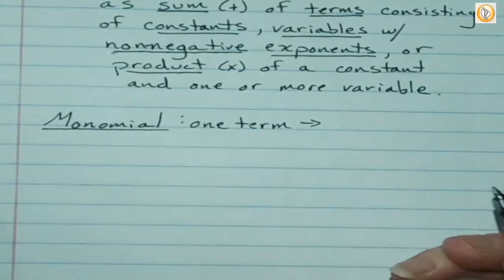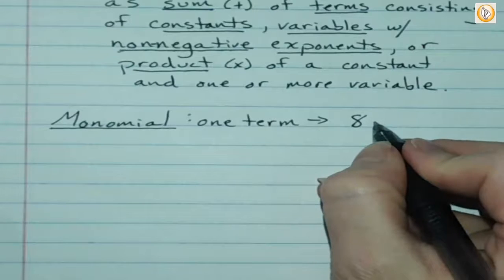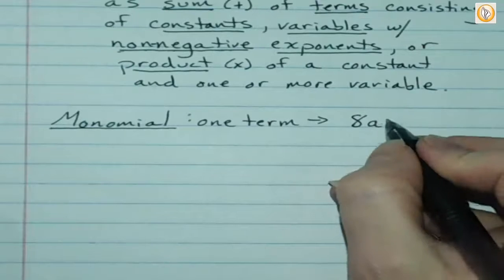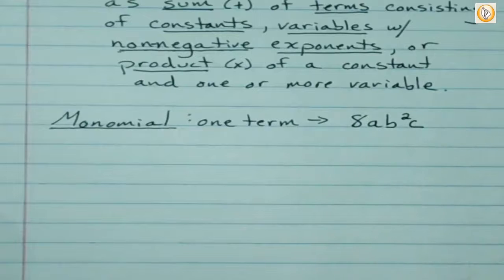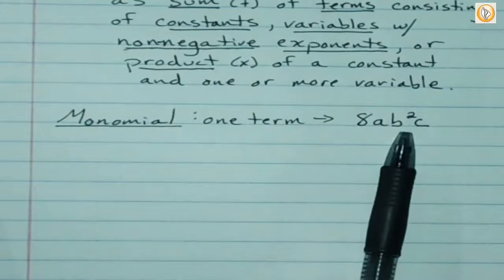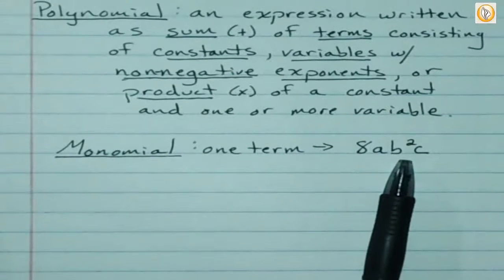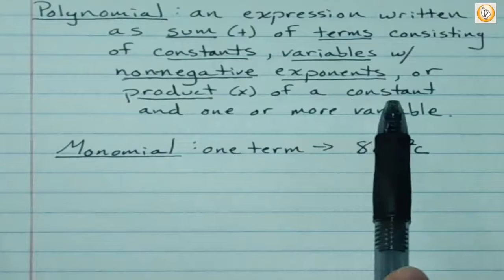And I'm going to give you an example. 8ab squared c. Write that down, and I want you to look at it. That's a polynomial.